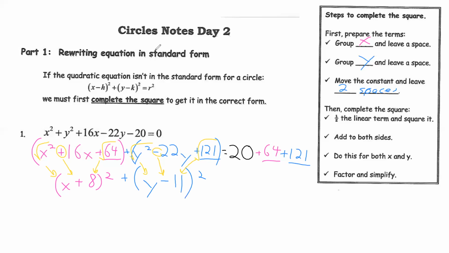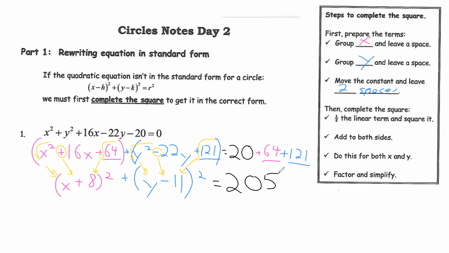On the other side of the equation, we're just adding these things together now. 20, 64, and 121 gives us 205. But now this equation is in this format, it becomes useful to us in geometry because we can identify where the center of that circle is using these guys here.